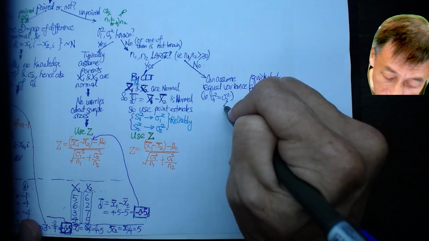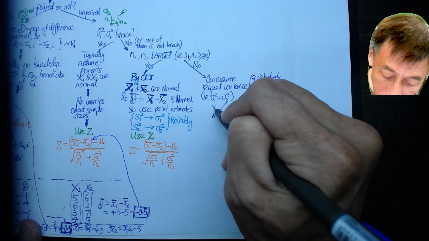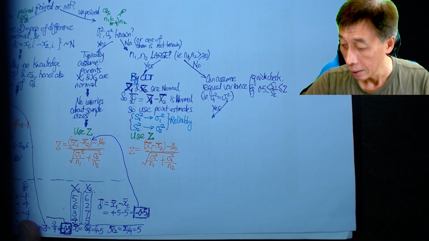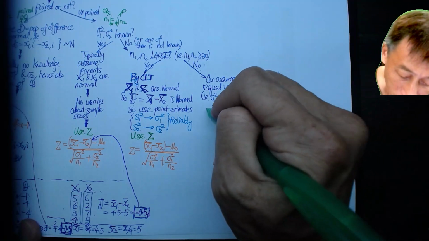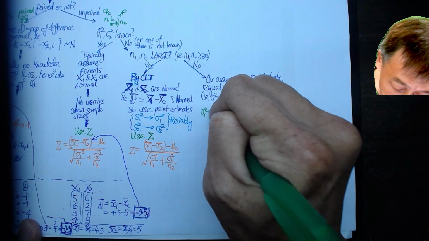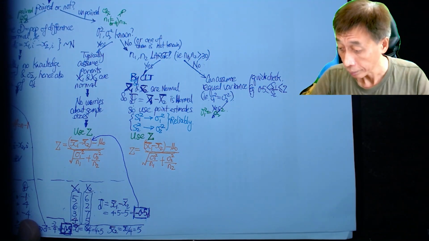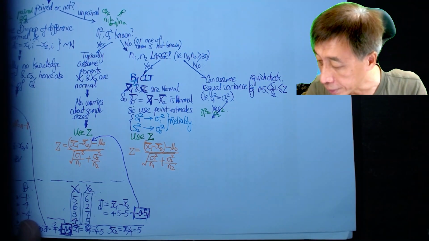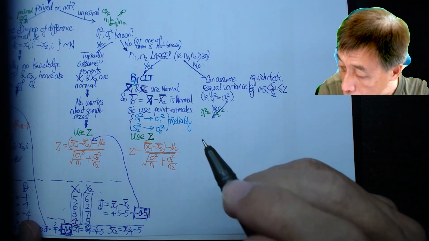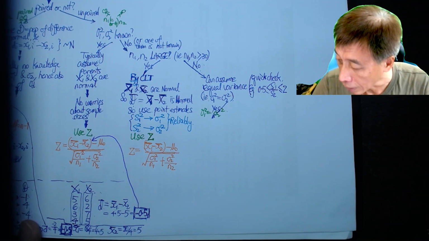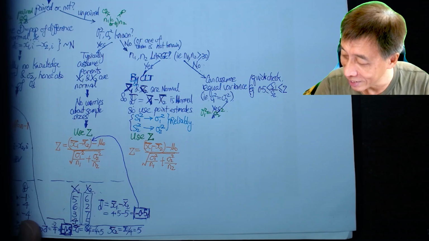If it is a yes, then we know that sigma 1 square is equal to sigma 2 square. Then what happens? Well, then we will use the equal variance t-test.